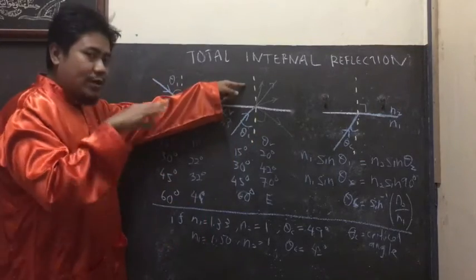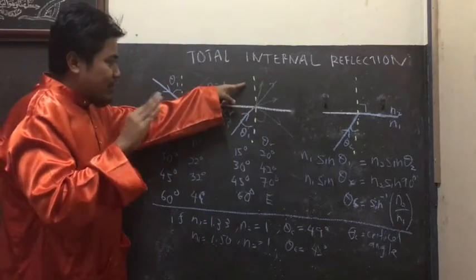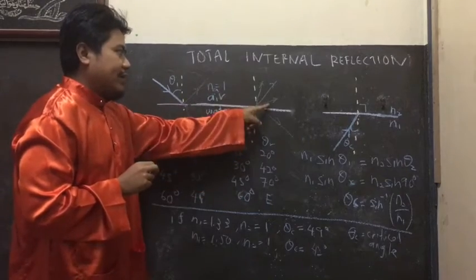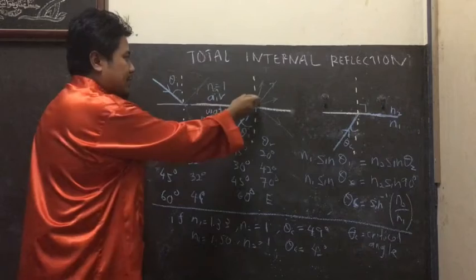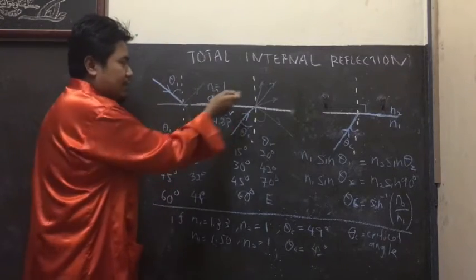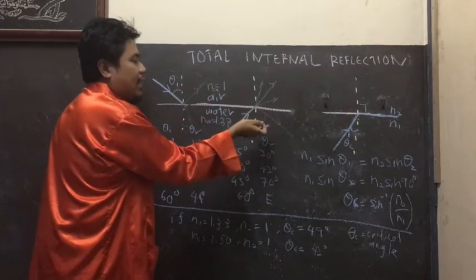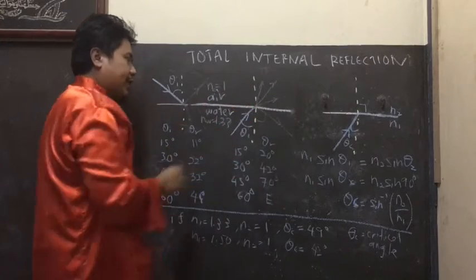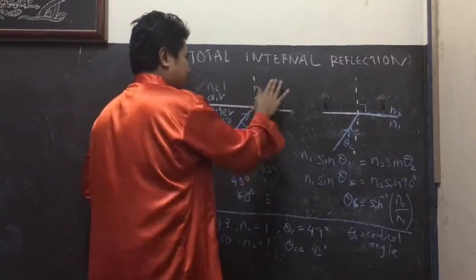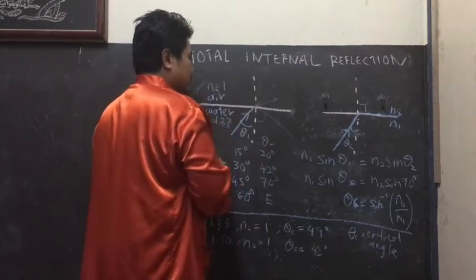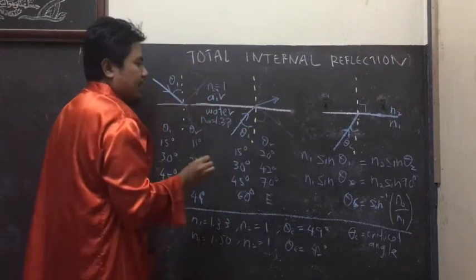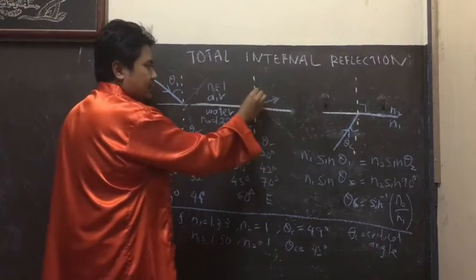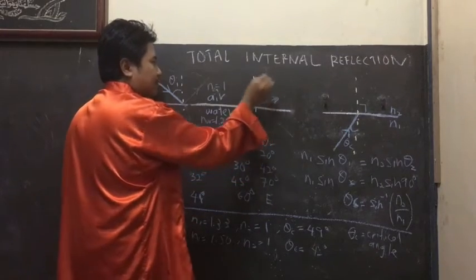Since this is a lower index, we should expect the refraction to be away from the normal, because it's from high index to low index. So it should be like this. This is the refraction, this is the reflection, and this is the angle of refraction.